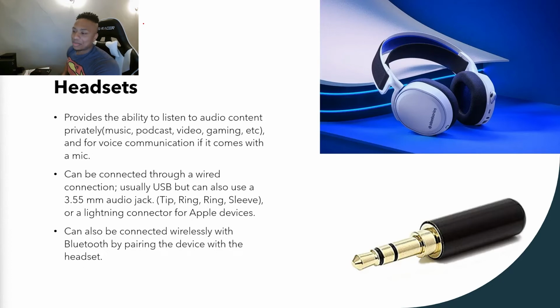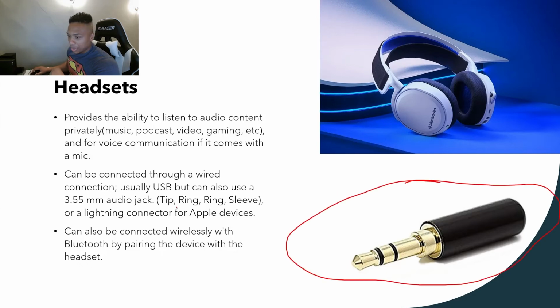Headsets can be connected through a wired connection. It's usually USB nowadays, but again, if you're a millennial like me, you remember these types of connections. You still might see these out there, guys. This thing right here, these are called 3.5 millimeter audio jacks. You might hear tip, ring, sleeve.